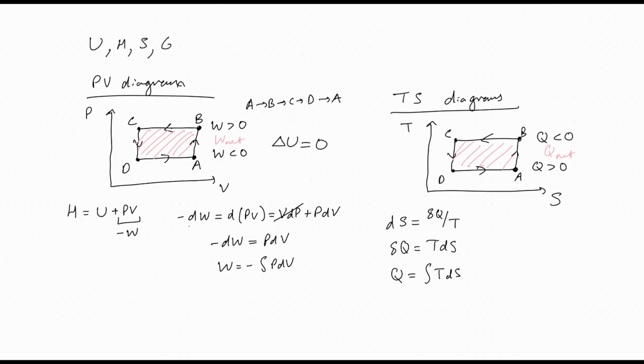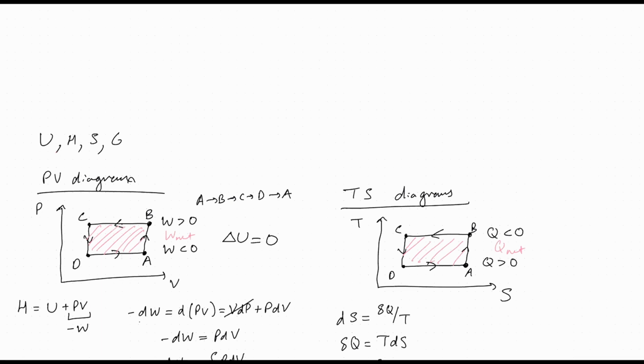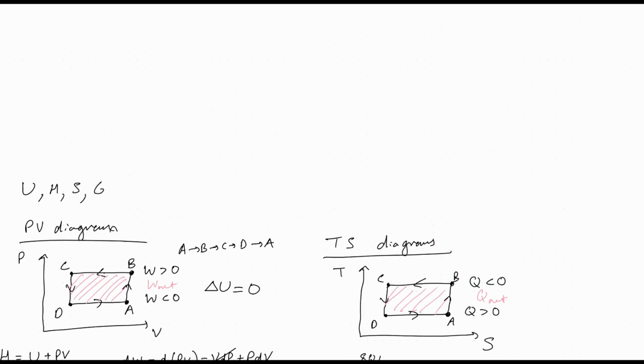And I guess this is a good concept that I should have really introduced in the last video. So I'll briefly just mention it here. A state function is essentially one that depends on the state you're in, not the journey. So for example, if I have a mountain, I basically have two paths up the mountain. I can go straight up like this, or I can go in this kind of winding path up the mountain.